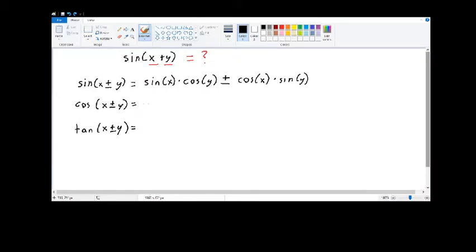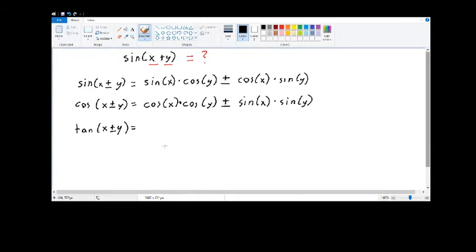So cosine, however, actually starts with cosine of x and cosine of y. We then put in whether we are adding or subtracting, and we switch to sine of x times sine of y.